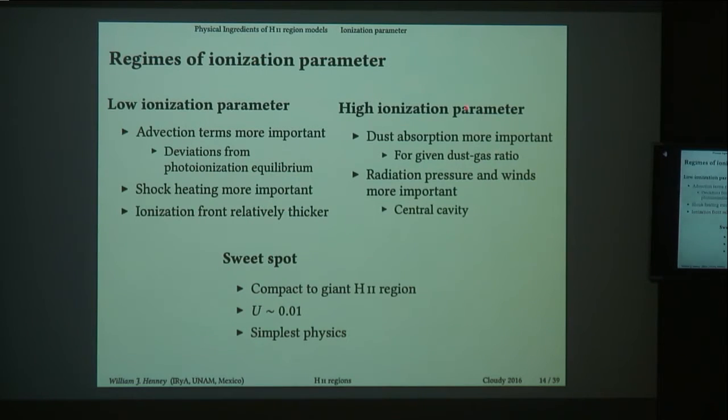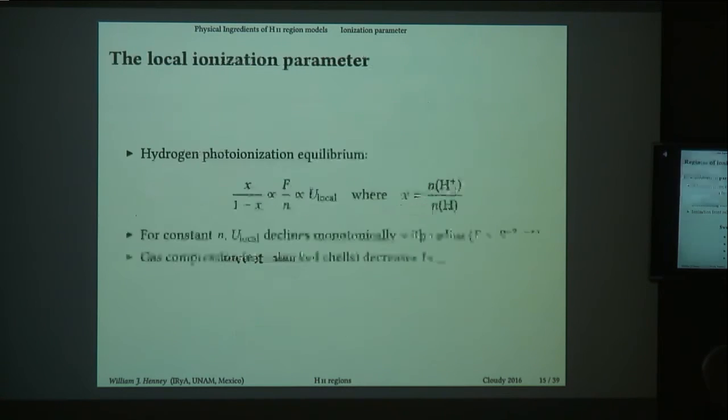At high ionization parameter, dust starts to dominate, so you need to be very careful about how you consider dust. Dust dilution will be much more important than at high ionization parameter if the dust-to-gas ratio is the same, but of course you don't really know that. Radiation pressure and winds are also important and tend to evacuate a central cavity in these regions.